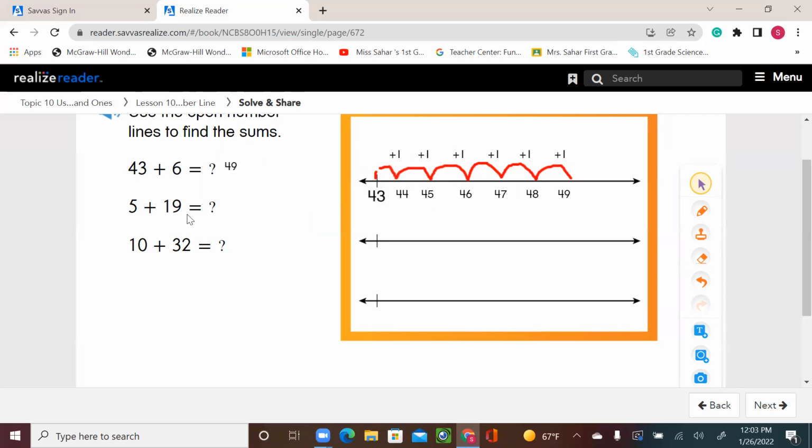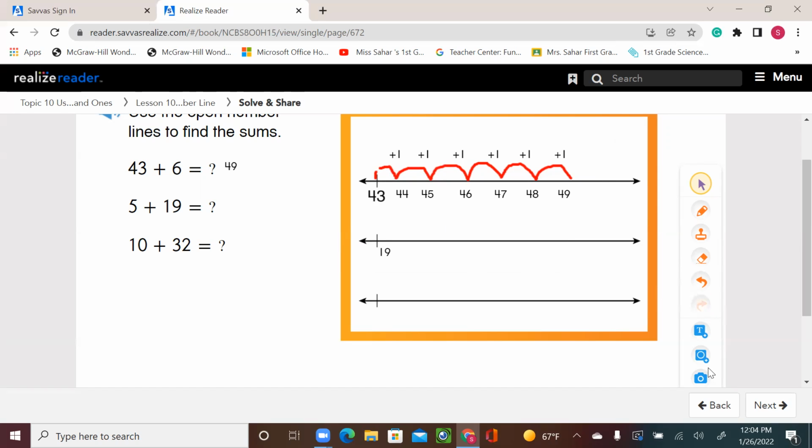Second question, 5 plus 19. All right, so let's start. I'm going to start with 19 and add 5. I can add 5 small jumps, or 1 plus 4, because I know 1 plus 4 makes 5, or small 5s like that.